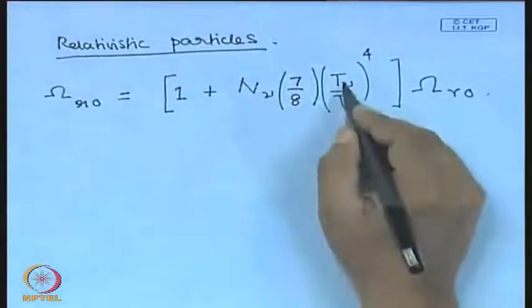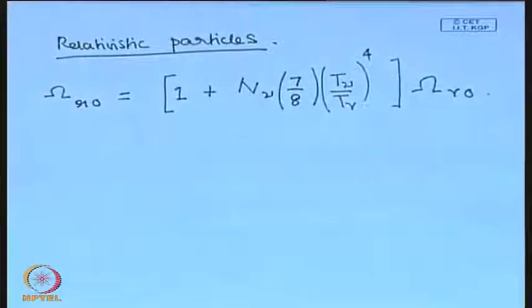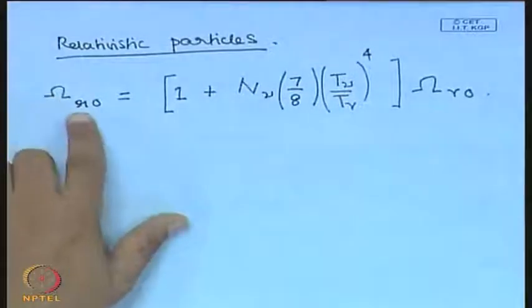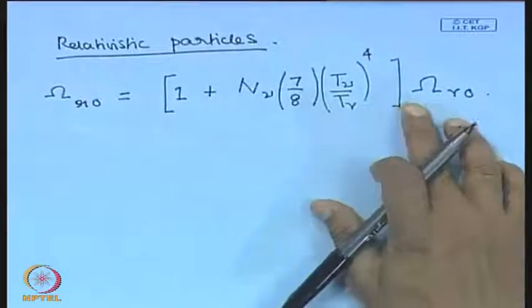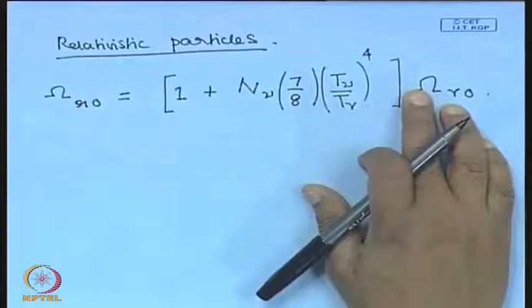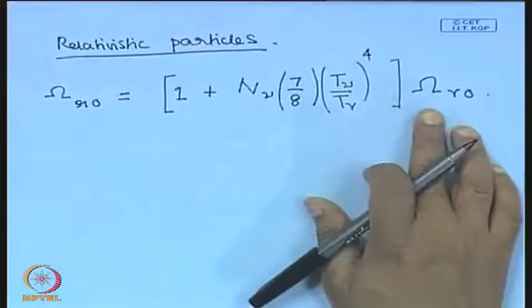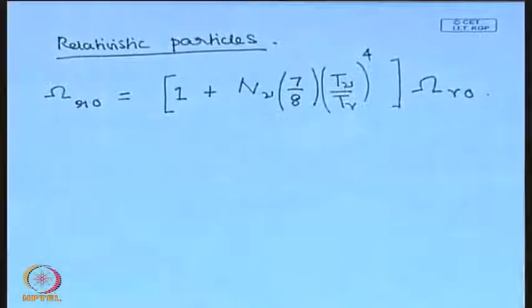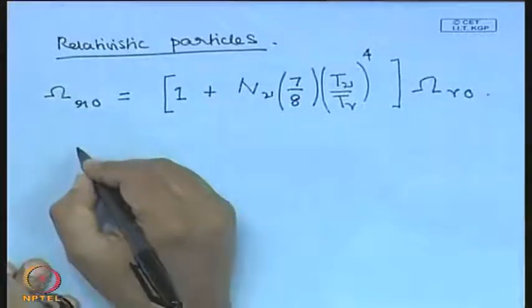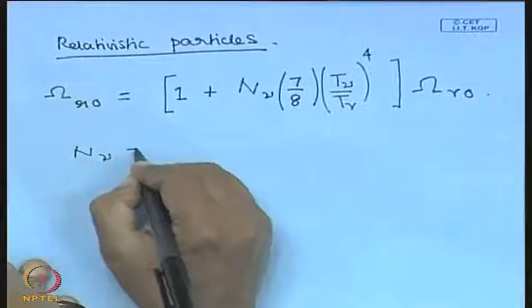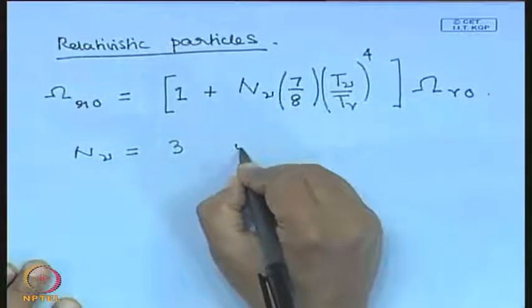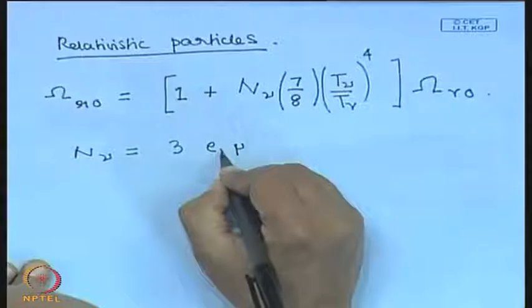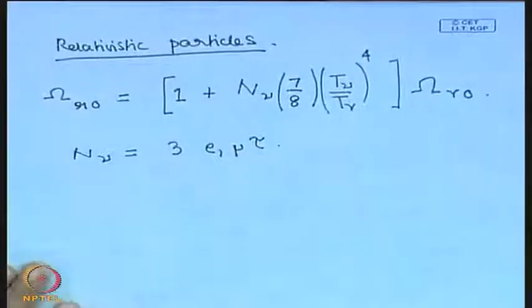Okay, this ratio we just calculated, it is 4 by 11. So this is the total energy density of relativistic particles in terms of the energy density contribution from the photons, which we have calculated right in the beginning of today's class. So if you assume that the number of neutrino families is 3, so you have the mu neutrino, the electron neutrino, and the tau neutrino. These are the 3 kinds which are known to exist at present.